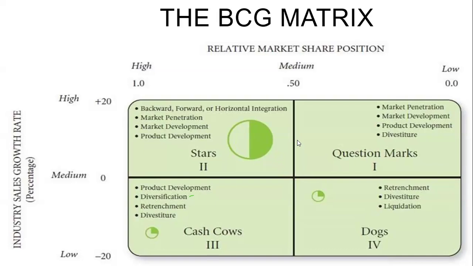Yeah, hello. I think a question mark division will mean that the future of that division or that product or service is uncertain. The future of that division or product line is uncertain.